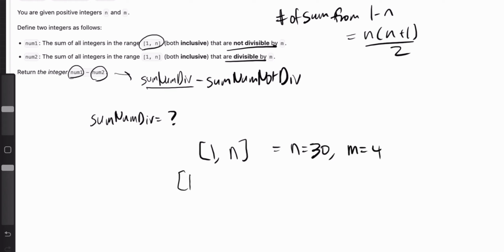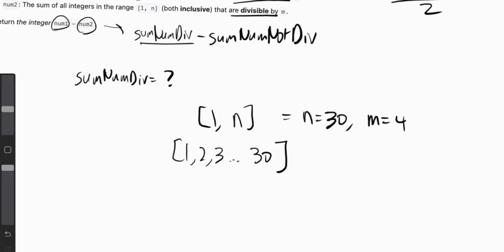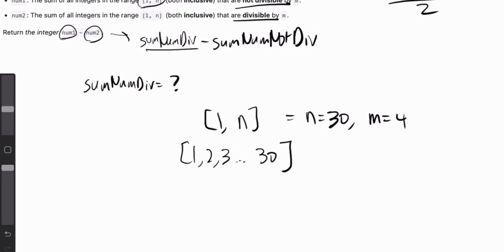So we have 1, 2, 3, dot, dot, dot, 30. Here, if it's divisible by 4, then it would be 4 plus 8 plus 12 plus all the way down to 28. That's the last one, right?